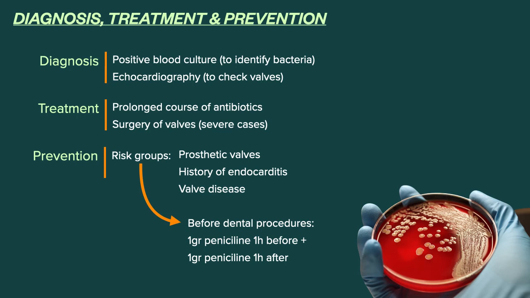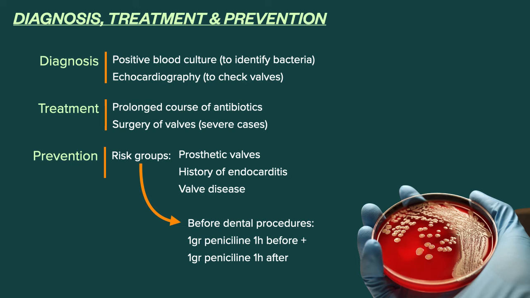Well, diagnosing the cause of infective endocarditis typically involves getting a positive blood culture, which means growing bacteria from a blood sample. Also, echocardiography can be used to visualize the heart and look for vegetations or more subtle clues like the way the valve is moving.